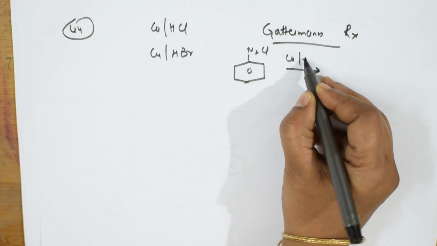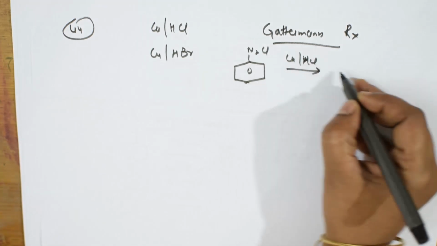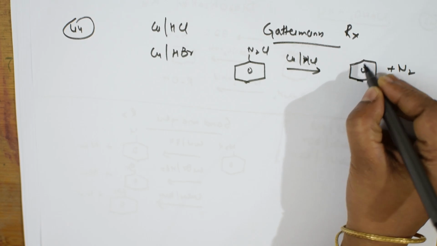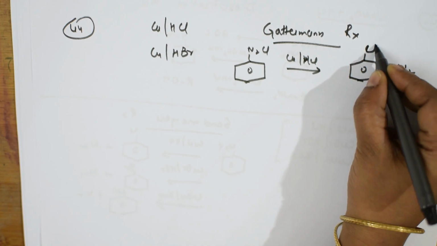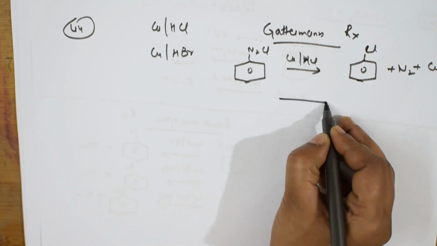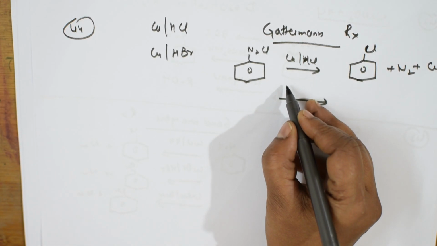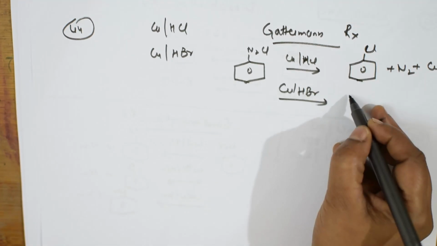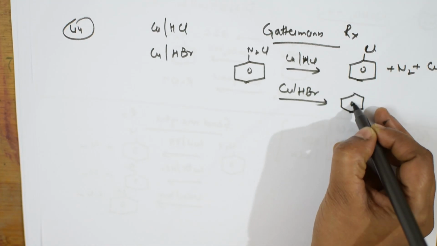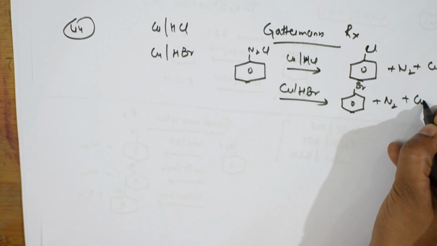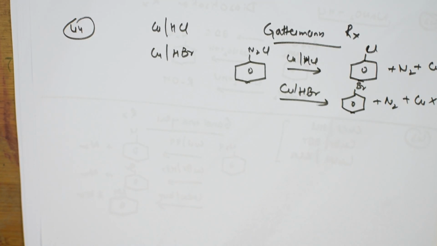If you have copper in the presence of HCl, N2 gas comes out and you get chlorobenzene plus CuX. The same thing with copper in the presence of HBr, instead of chlorine this becomes bromine. You get N2X plus CuX. So these are the reagents, students.